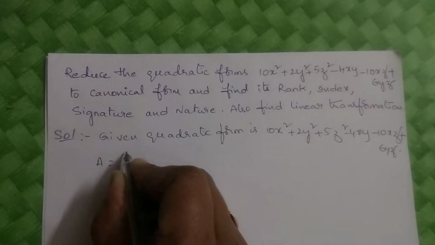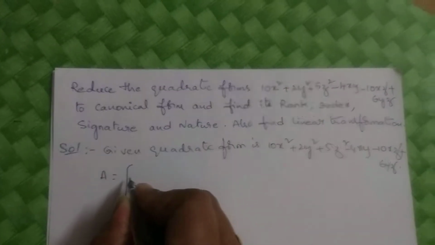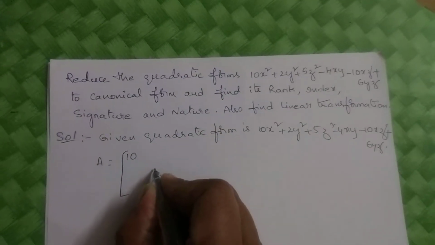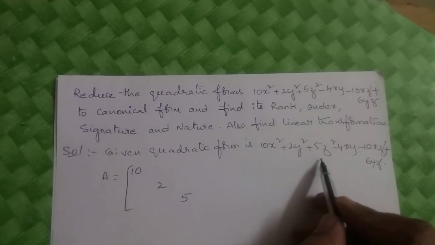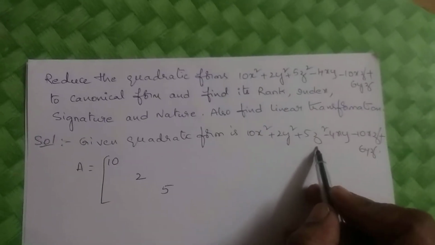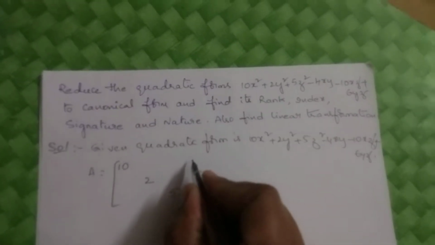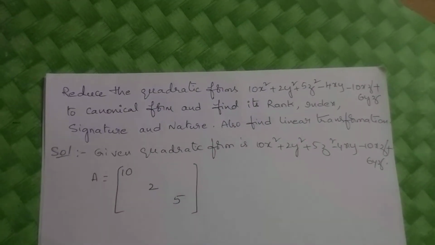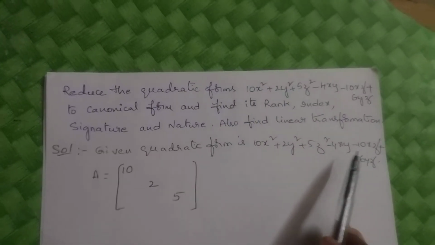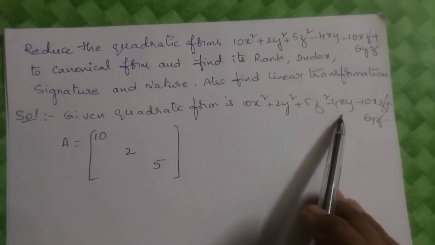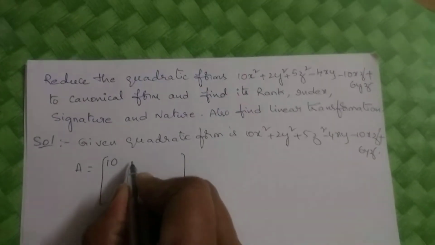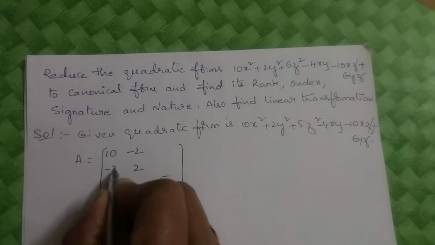Now what is the matrix? When we are converting to a matrix, directly we can write the diagonal as 10, 2, 5, because we are having three variables x, y and z, so we have a symmetric matrix of order 3 by 3. Minus 4xy: we have to share this minus 4xy between both xy and yx, so minus 2, minus 2.